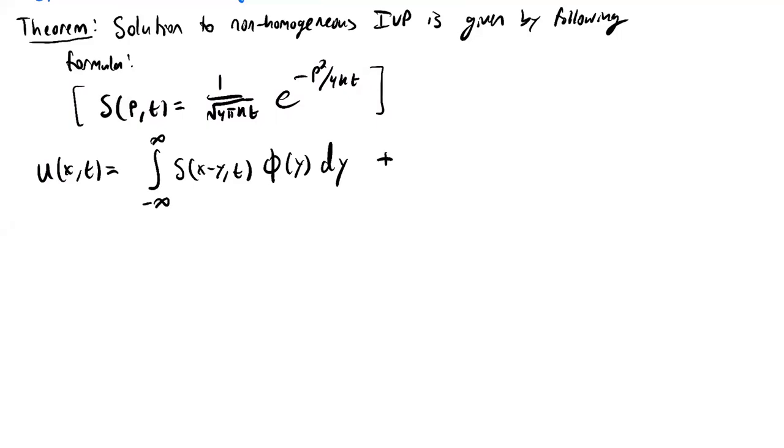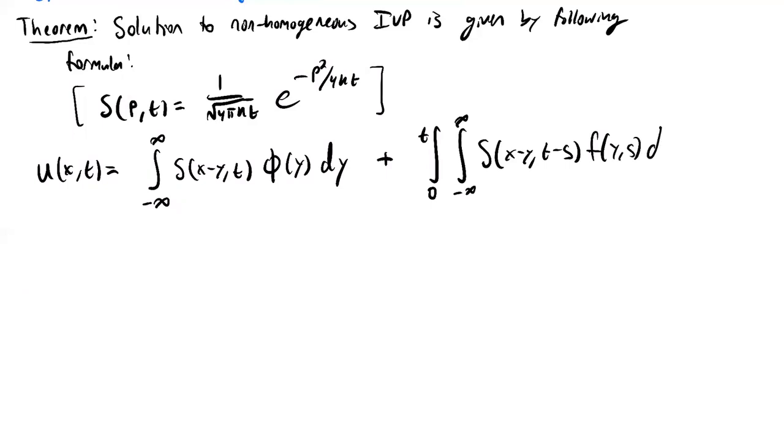And so the extra term is a slightly more complicated integral, which is now integrating from 0 to t and from minus infinity to infinity of the source function also applied to the function f. Right? So I have S of x minus y, and now I also have t minus s, for some other, lowercase s, times my other function, my outside interaction function f.